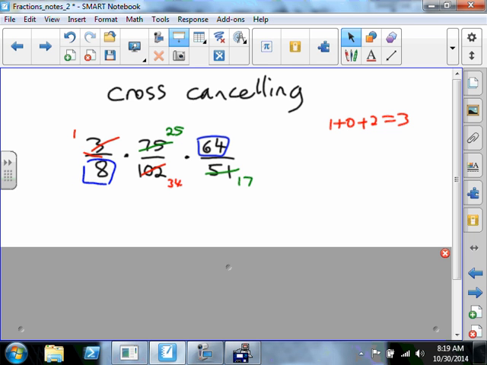Oh, the 8. So when we divide both by 8, the 8 turns into a 1, and the 64 turns into an 8. Okay, so now we can move up to this 8. Does that 8 have anything in the denominator that it could cross-cancel with?